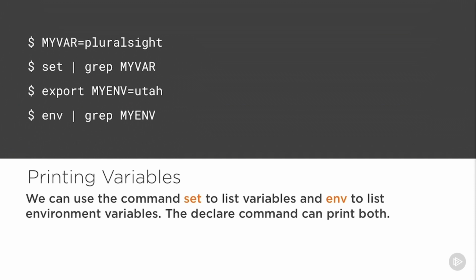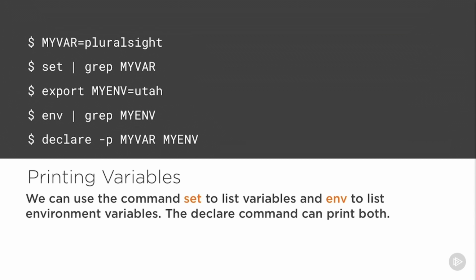We can go through and use the env command, and we can then search using grep for the variable. So that's all well and good, but we're having to use set or env, and we're having to use it with grep. Whereas if we use the declare command, declare -p to print, it's going to print all of our variables.